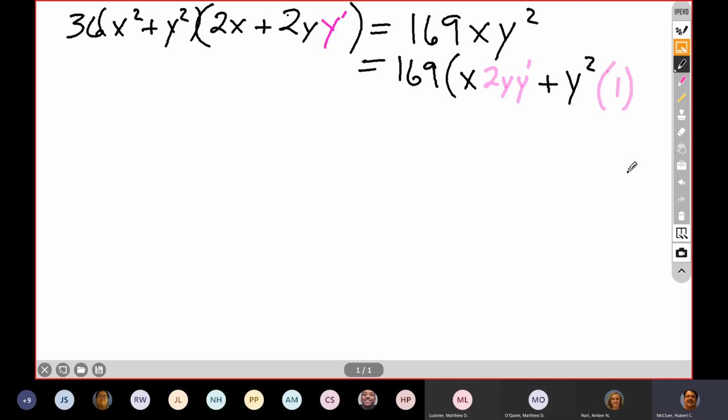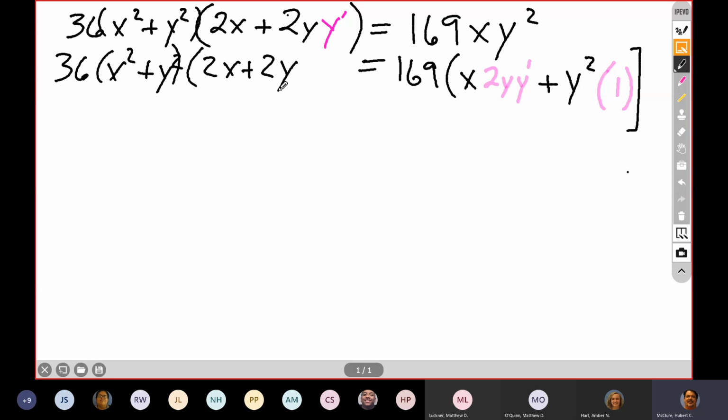And that's going to be 36 x squared plus y squared times 2x plus 2y times y prime, parentheses.